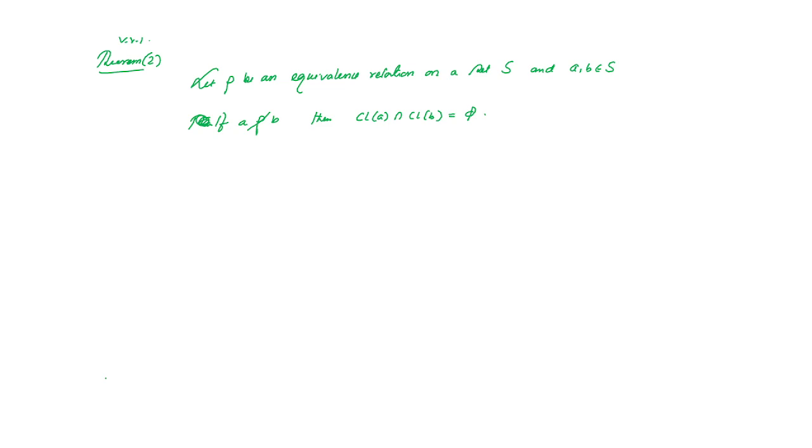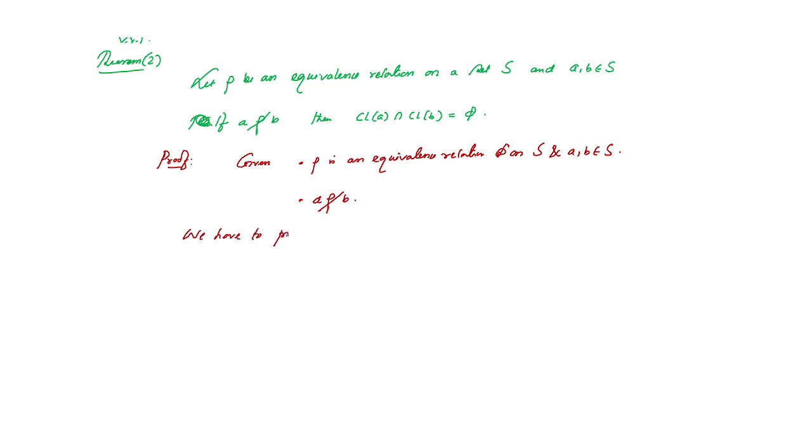So how will we prove they are disjoint? Proof: what is exactly given? The given information is rho is an equivalence relation on the set S and A, B belong to capital S. And also it is given A is not related to B. So what do we have to prove?